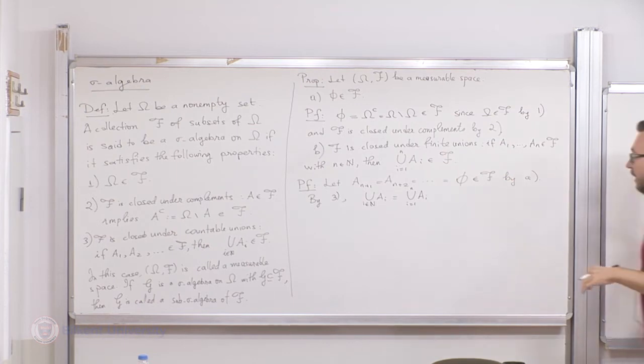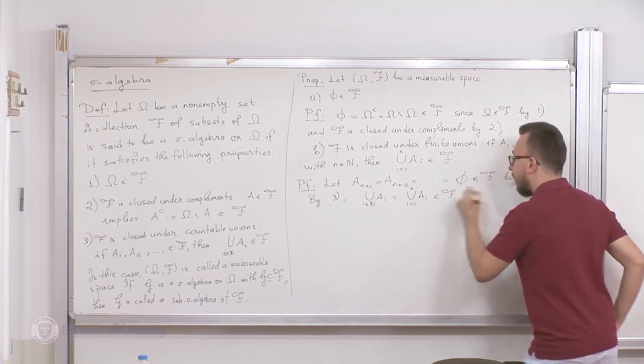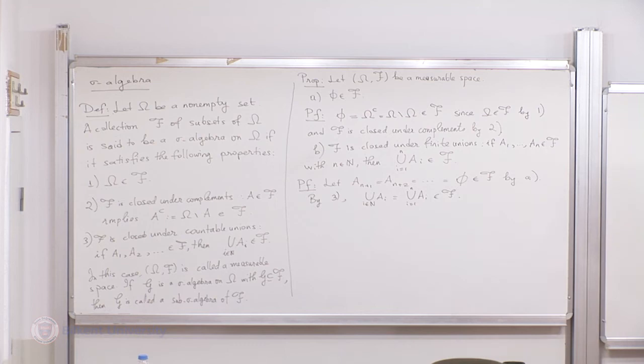They don't contribute anything to the union, so this must be in F. Is that clear? Any questions? So we're using part A, we're using part 3 of the definition.